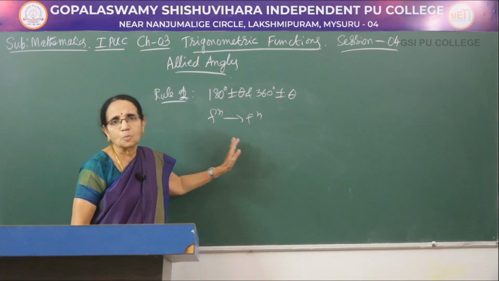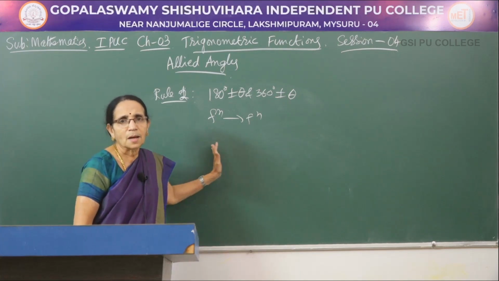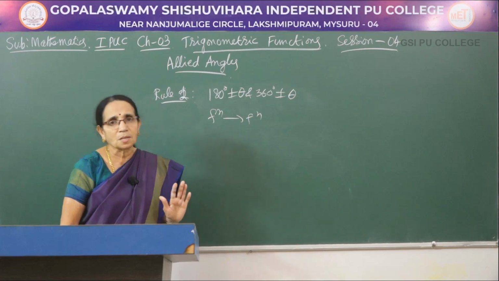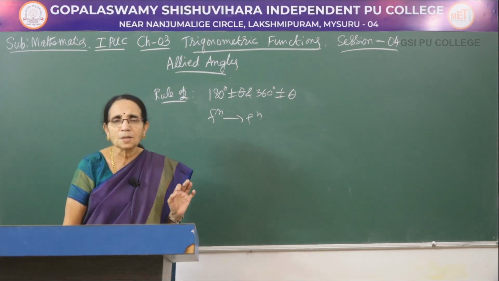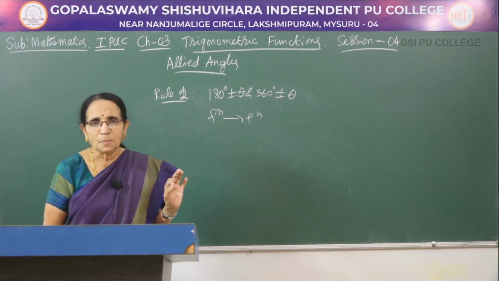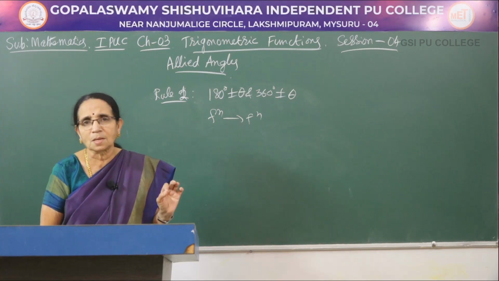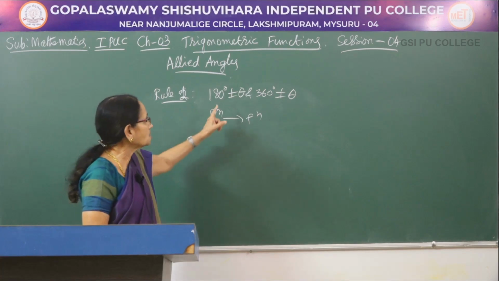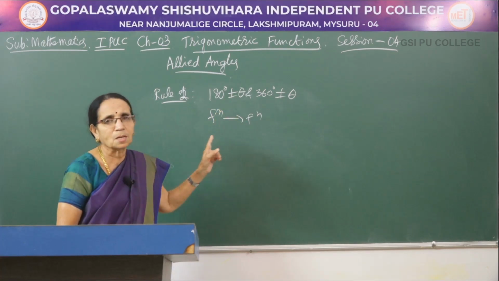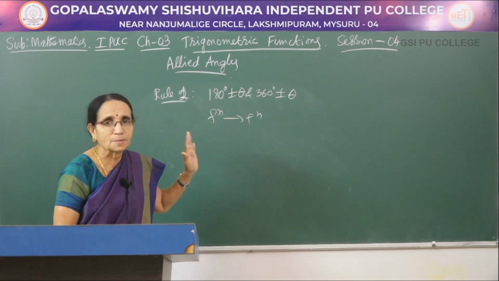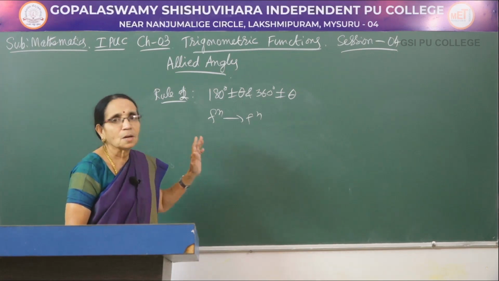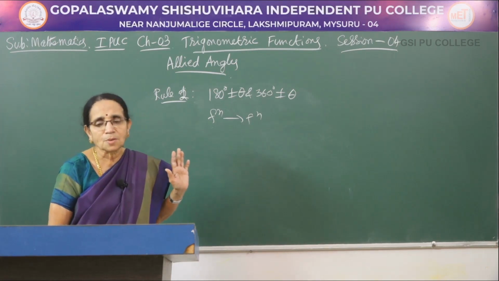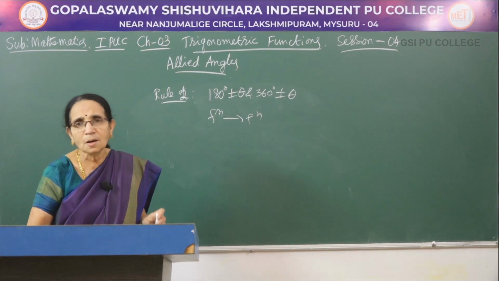If sine is there, it will become sine, cos, cos, tan, tan, like that. There is no change in the function. If the angle is expressed as 90 plus or minus theta, 270 plus or minus theta, the function will be changed over to cofunction. If the angle is expressed as 180 plus or minus theta, 360 plus or minus theta, then the function remains the same. That is, there is no change in the function.